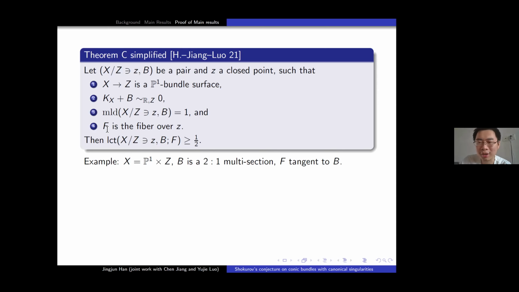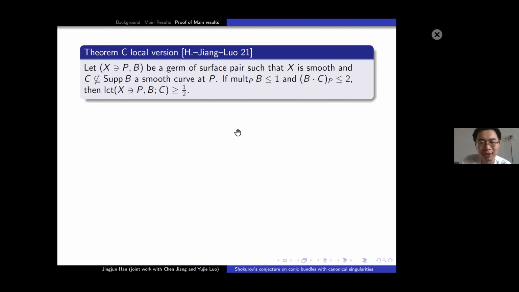So in order to show the log canonical threshold of this relative pair, we only need to consider all the closed points on my fiber F, and to show that this pair XB plus 1/2 F is log canonical on each closed point of this fiber F. So we are able to reduce theorem C to the following local statements.